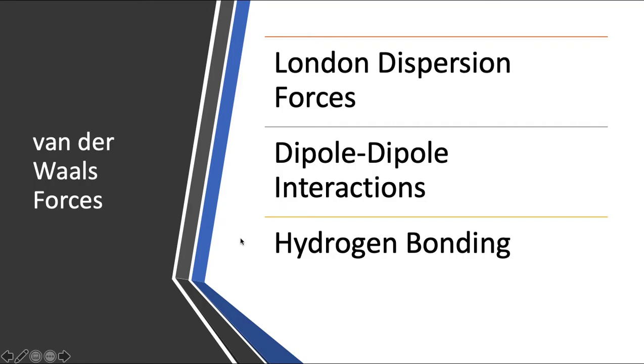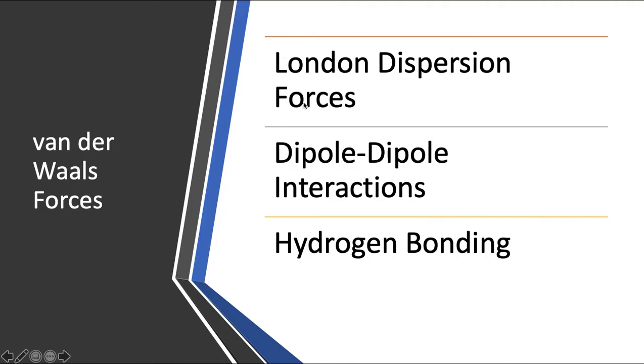A molecule or a specific compound, so molecules of a specific compound, may have all three of these types of forces, or they may have only one, or they may have only two. The more types they have, the stronger the intermolecular force or the van der Waals forces in general, because they're additive.